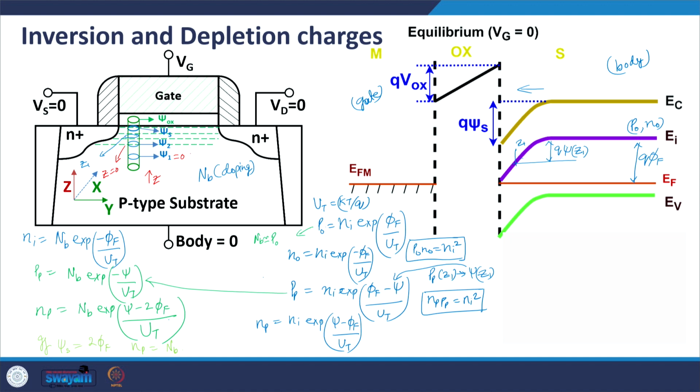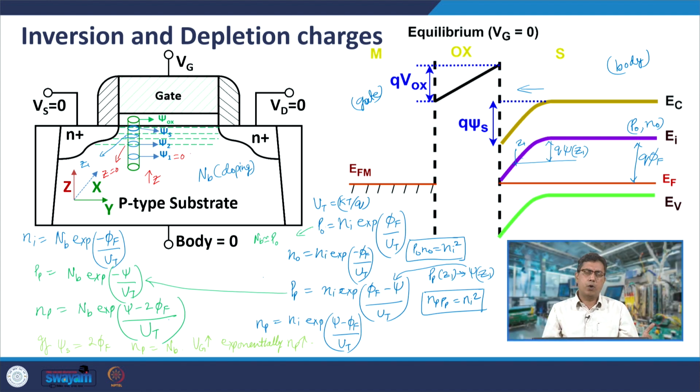Okay. Now, this is the strong inversion condition as you have discussed earlier. So, when you increase the gate voltage any further, the potential increases and Np increases exponentially. Okay. So, this is the strong inversion condition which you have discussed earlier.